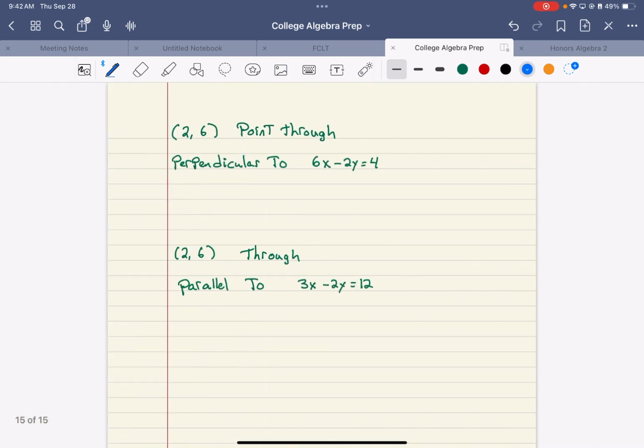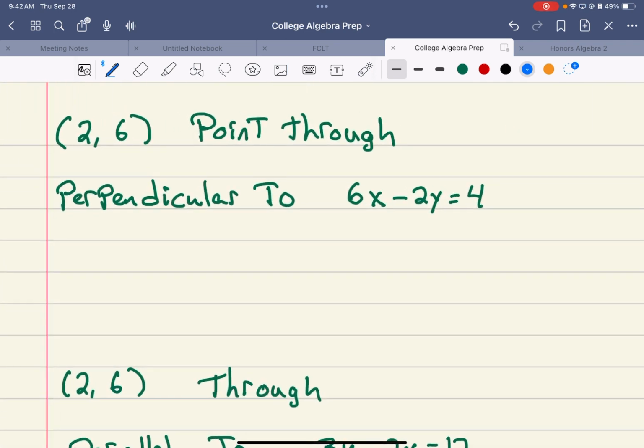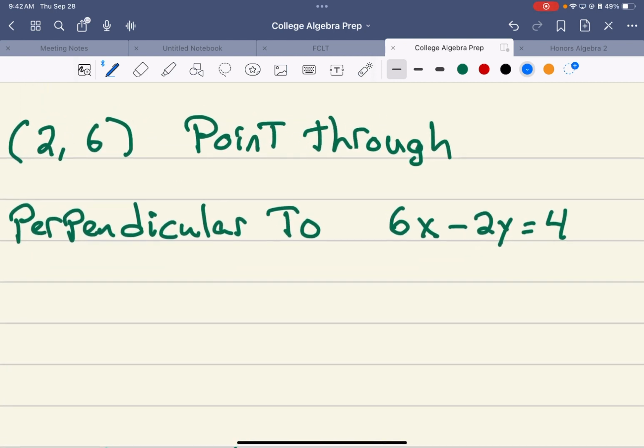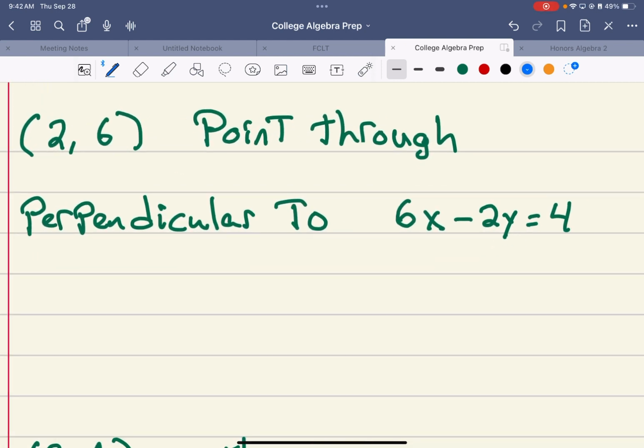The next ones we're going to look at, we're going to talk about parallel and perpendicular. So in this first one, we've got a through point of 2, 6. We want to write an equation that's perpendicular to 6x minus 2y equals 4.